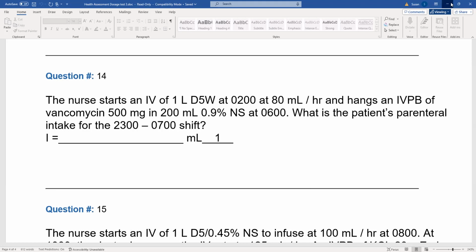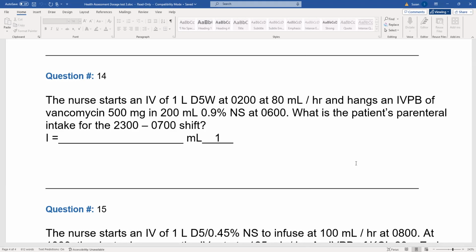But let's go back here to this, if I can find the right one. Can you see number 14 on the screen? Yes. So if you were calculating intake, which you would be if you're giving somebody IV fluids, you have to calculate all of the intake: IV fluids, PO, all that.